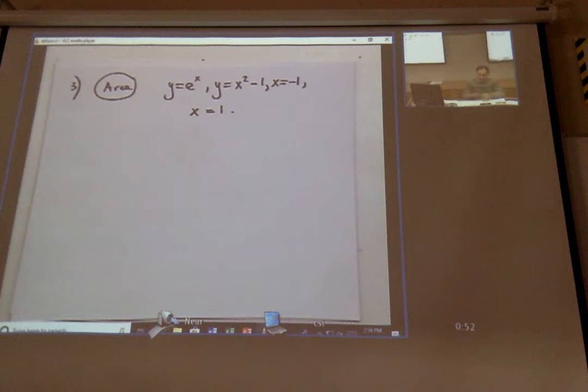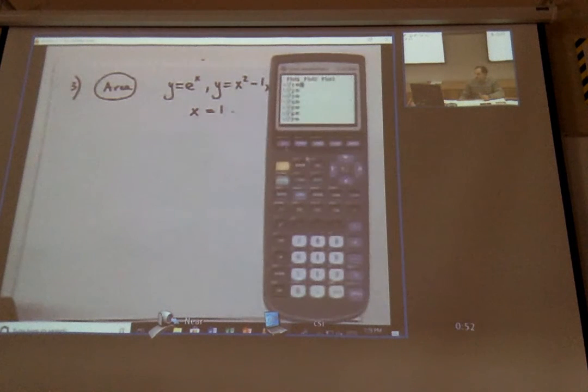So when we put this into the graphing calculator, and let's see what we get when we graph this, we have e to x. That's right above the ln button. And here we have x squared minus 1.